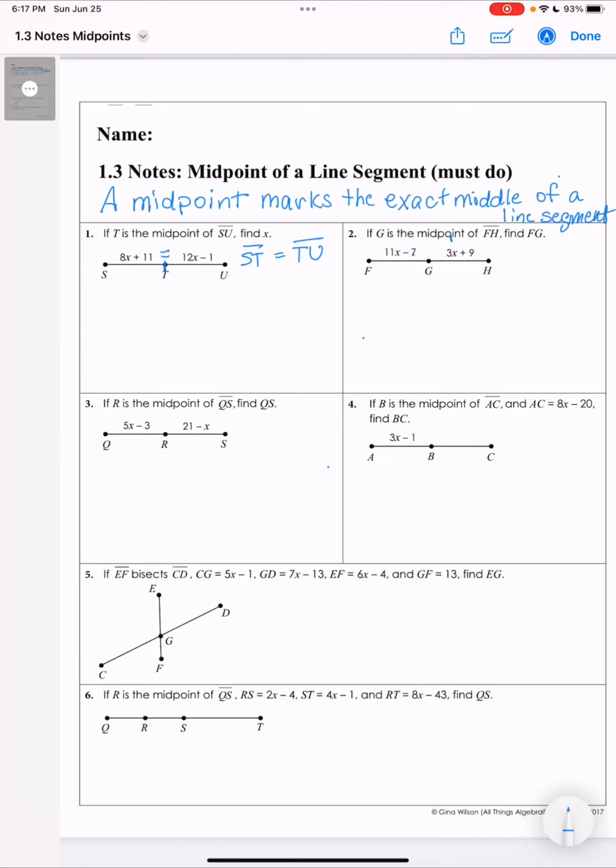So what we're going to do is say 8x plus 11 equals 12x minus 1. Solving this using algebra, I'm going to combine like terms.